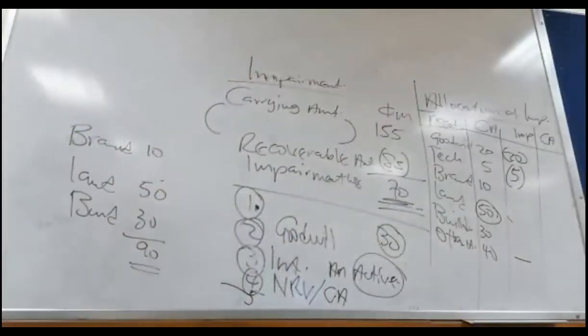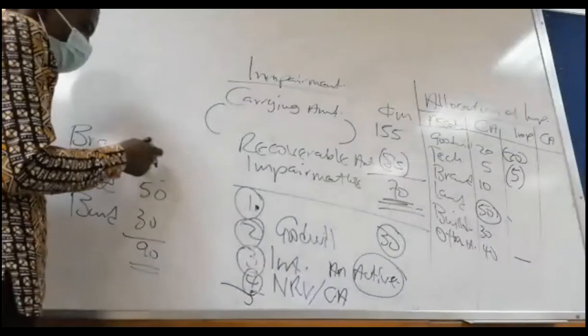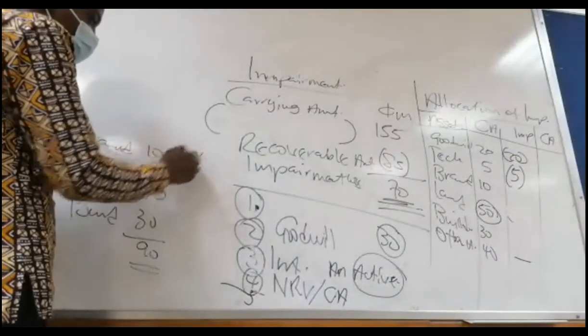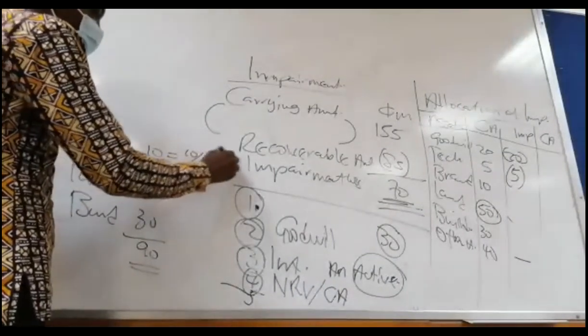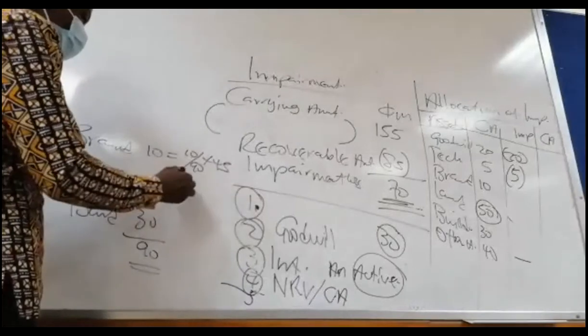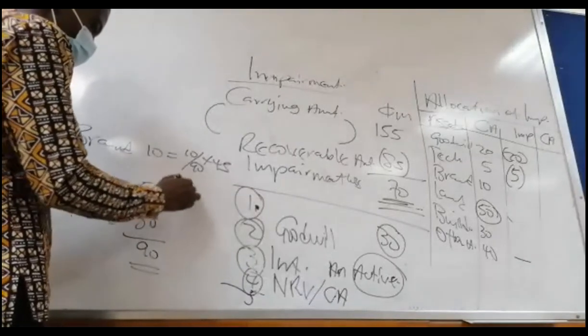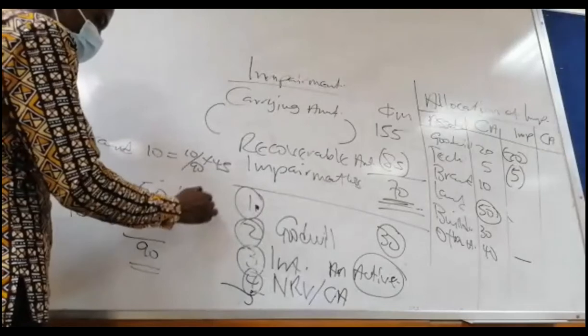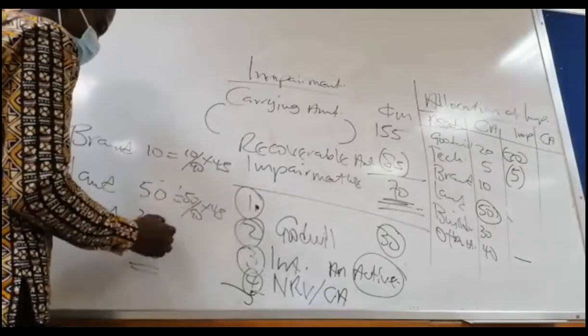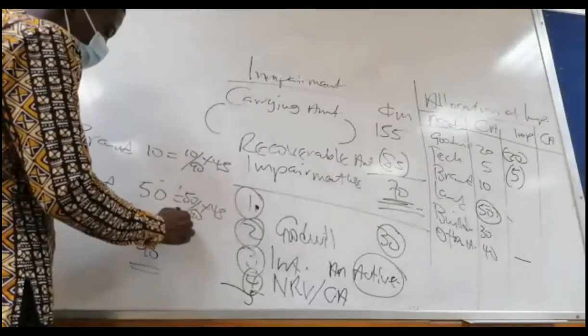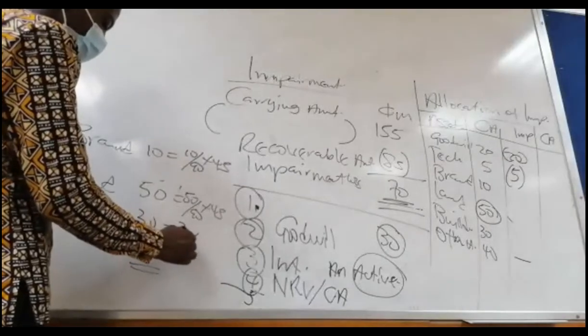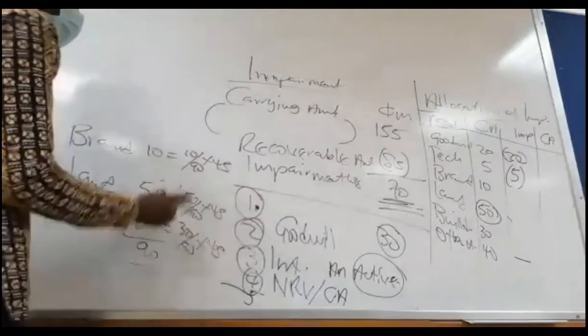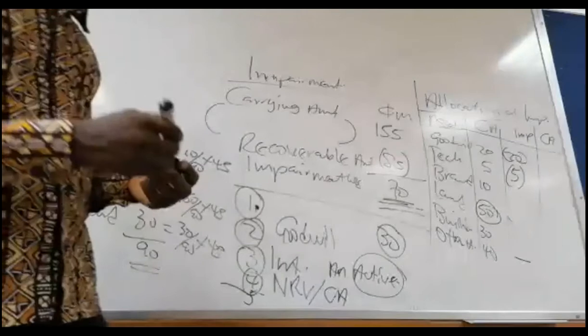So brand takes 10 out of 90 times 45. Land takes 50 out of 90 times 45. Building takes 30 out of 90 times 45. Whatever answer you get, that's what you key in.